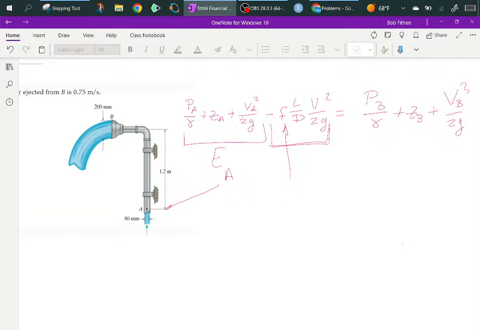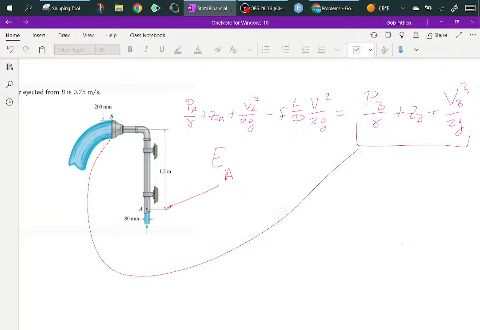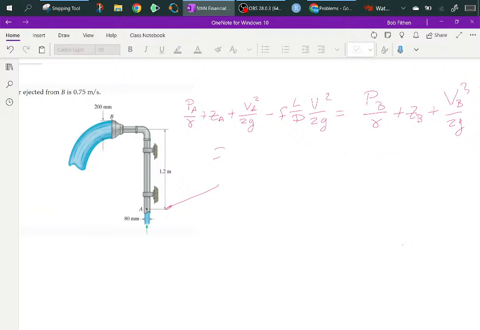It's moderately accurate, depending on if you know all the pipe things. And this is your final energy state, at B. So if you don't have losses, this term is gone, and you've got just this energy equal to that energy.